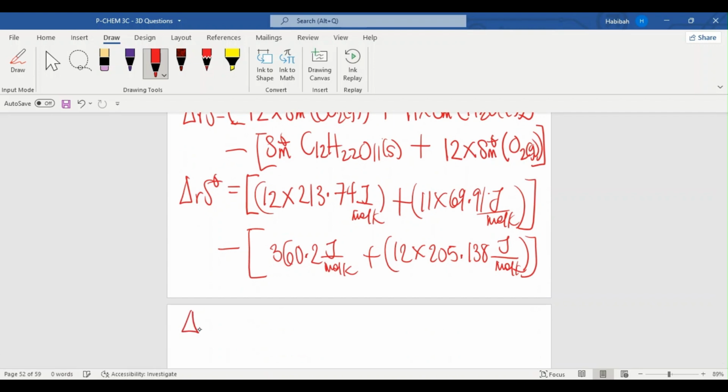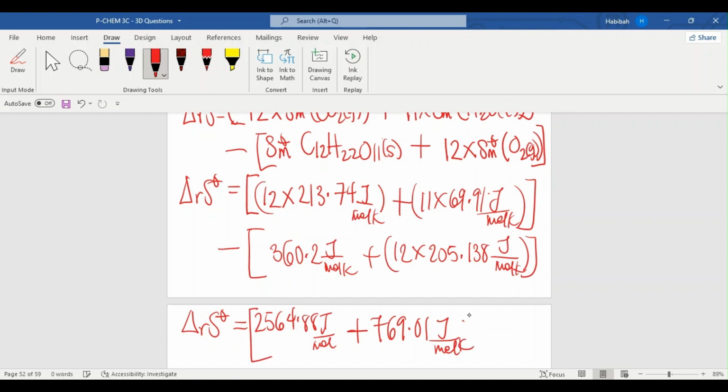So the standard entropy of reaction would be 12 times 213.74, which is simply 2564.88 joule per mole Kelvin, plus 11 times 69.91, that's just going to be 769.01 joule per mole Kelvin.